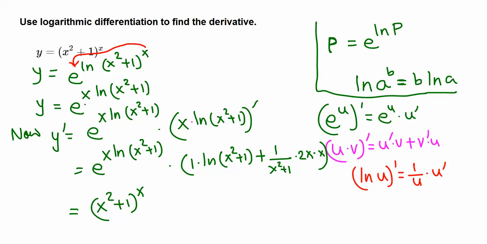We wrote it in this way just to make this formula work. Okay, times inside 1 times natural log of x squared plus 1 itself, plus, do not cancel anything, 2x times x, 2x squared on the top, all over x squared plus 1. Final.